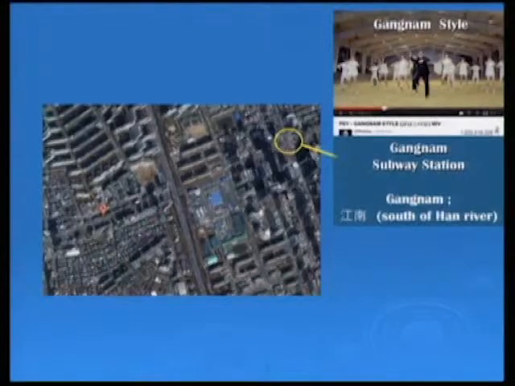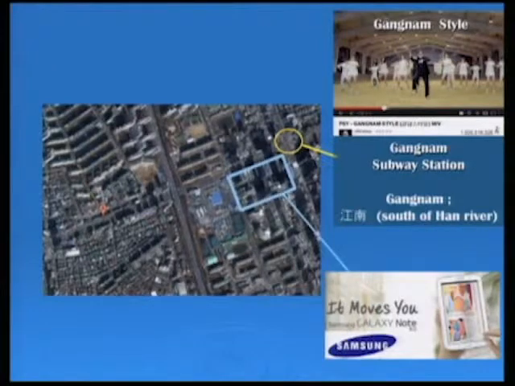And in Gangnam Station, there's also another headquarters of Samsung. Personally, I have an iPhone. I have practiced here for 20 years, so I'd like to share with you my 20 years of experience, especially about the TADs.